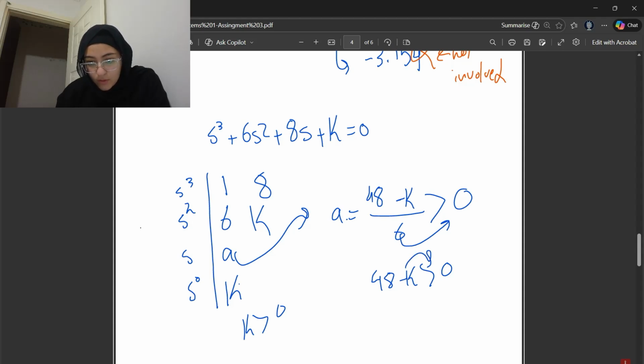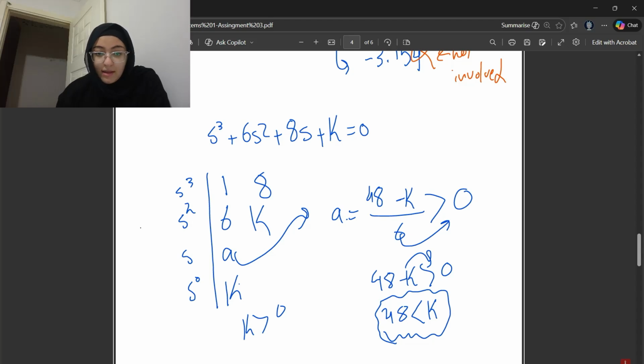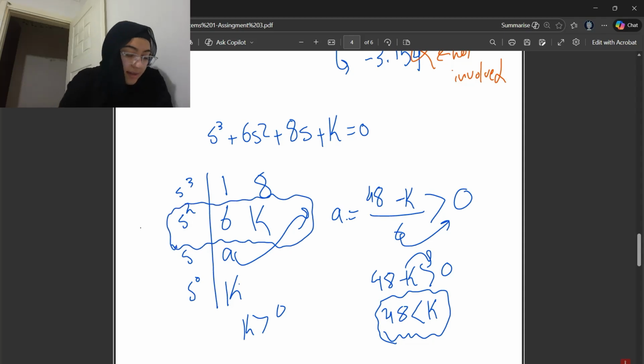The k will go to the other side, but we will flip the sign, so it's going to be k smaller than 48. Now we found k smaller than 48, but for the second k, we will take the second order s.